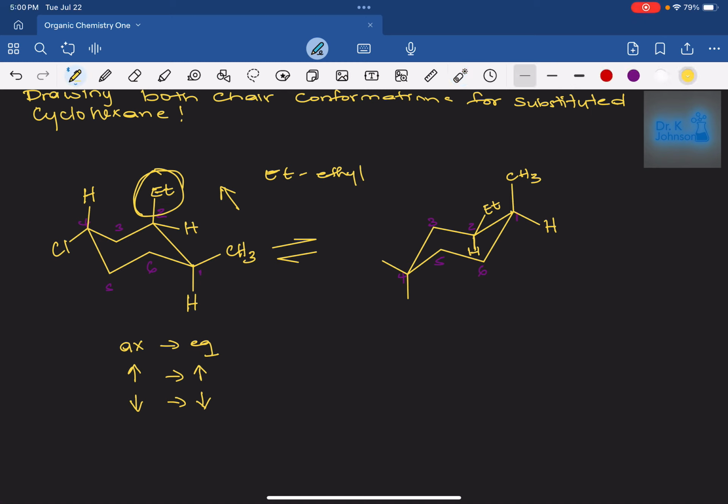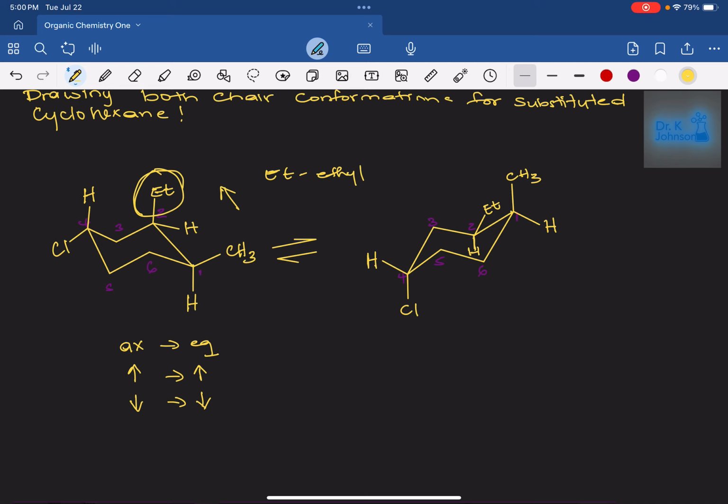So in this chair, over here on carbon 4, the hydrogen is what's going to be on the equatorial because that's the bond that's up. And your Cl is down equatorial, so it must be in the down axial position. So this is how you would do your chair conformation if you have mono or disubstituted, or if it's trisubstituted.